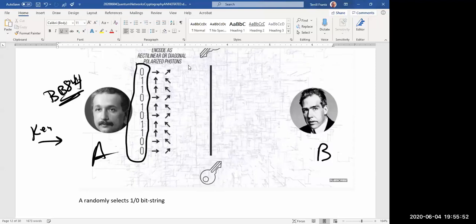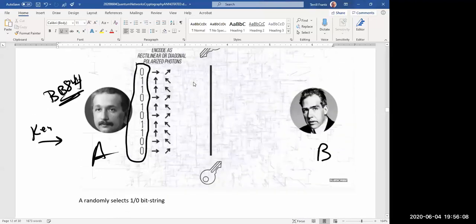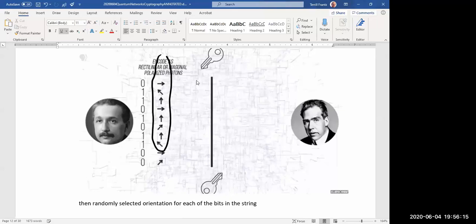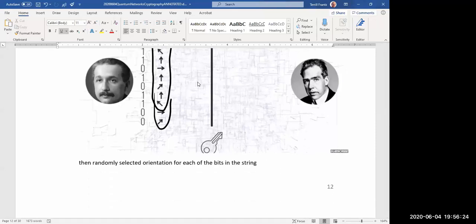So we'll create some random bits, and then we'll randomly select the basis for those bits. Notice here it's got the two different bases, but I randomly select some bits, then I randomly select one of the bases in which to measure or orient the bits in the string.